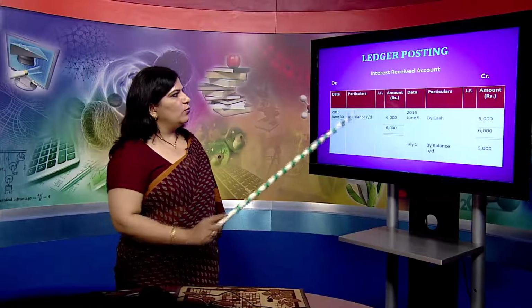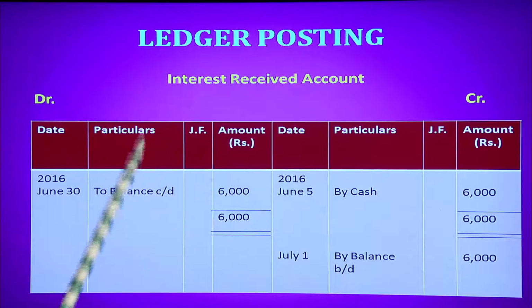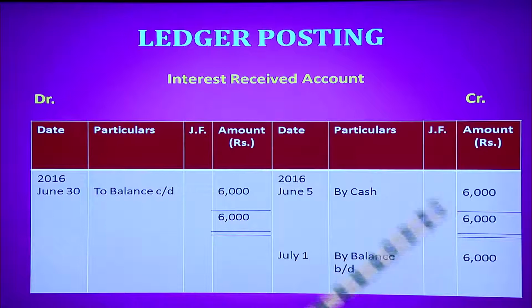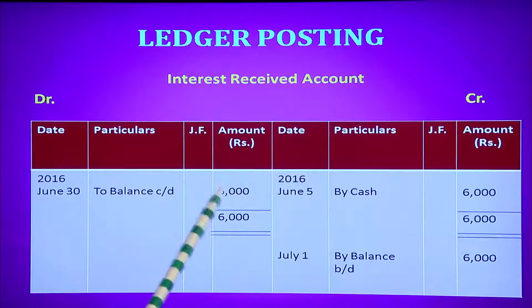The third account was the interest received account, and we had by cash 6,000 rupees. Again, the same pattern we follow, and we have the carried down balance of 6,000 rupees on June 30th, which becomes the opening balance on 1st July for the next month to an extent of 6,000.